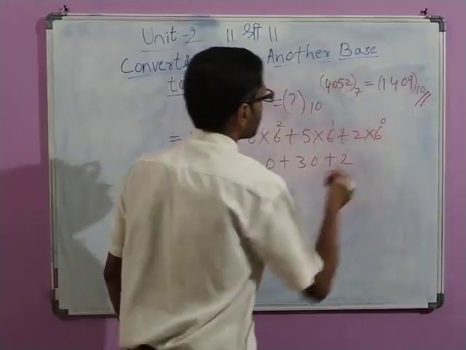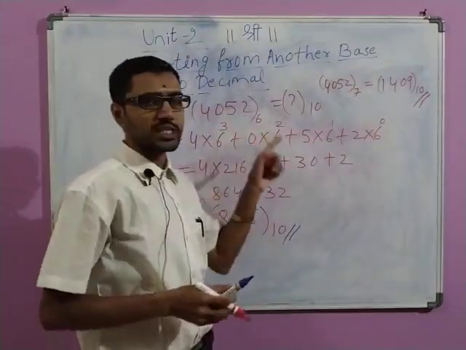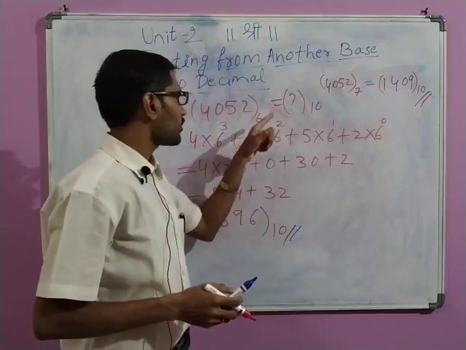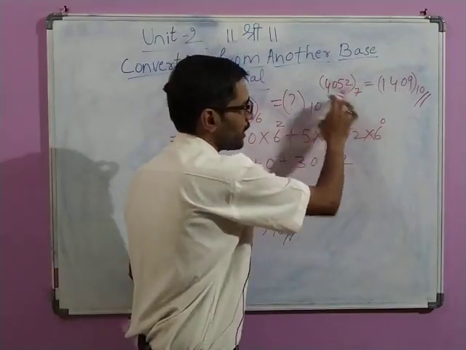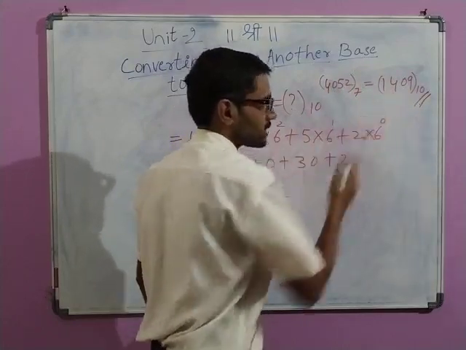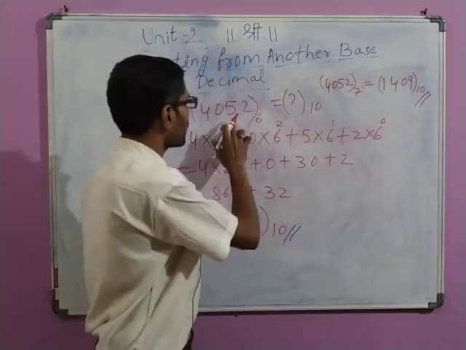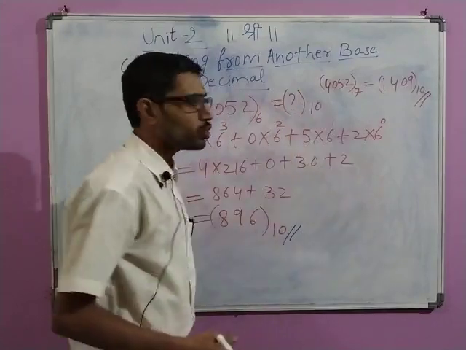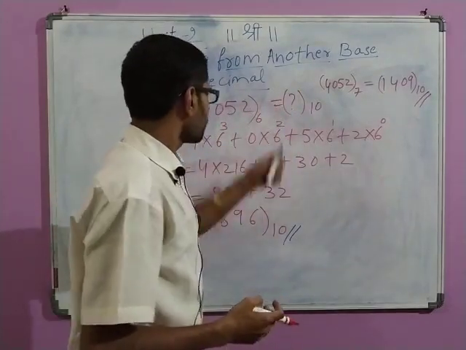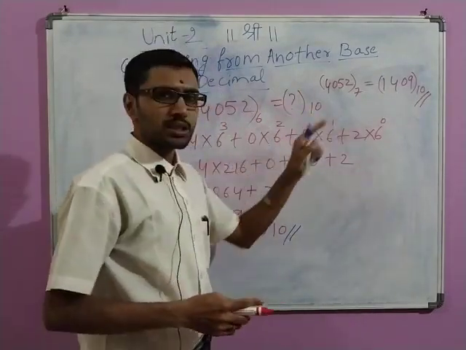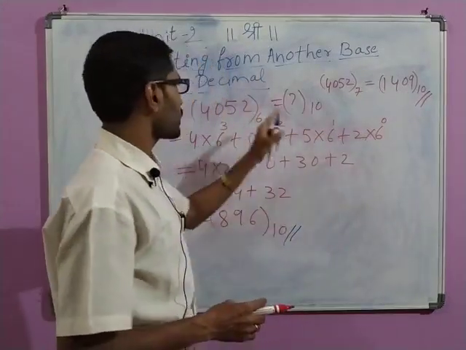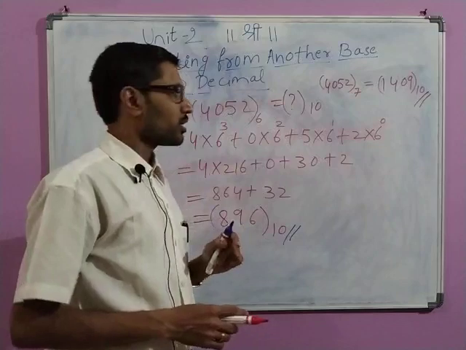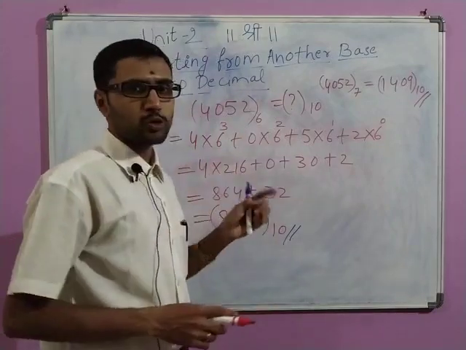Why? Because the numbers are represented in different bases. Here I considered base 7 and converted it to base 10, and here I considered base 6 and then converted it to base 10. So as the base changes, the result is also going to be affected. This is the important observation that you need to make, and the steps you need to follow.